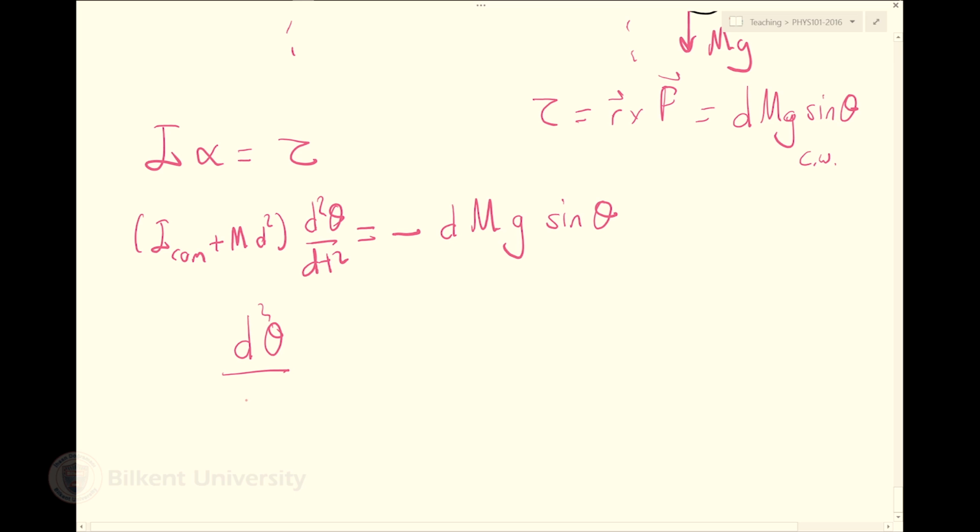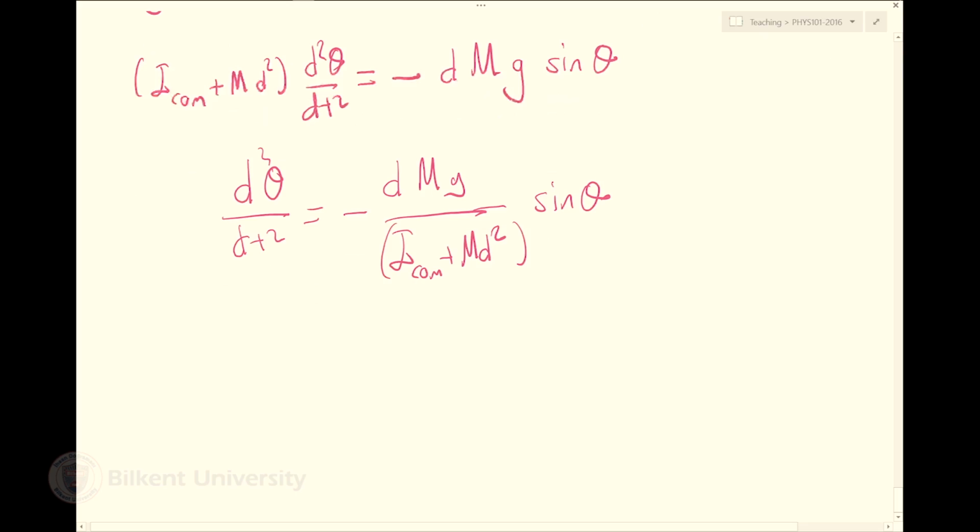So d squared theta dt squared is minus d mg over I center of mass plus d squared times sine theta.